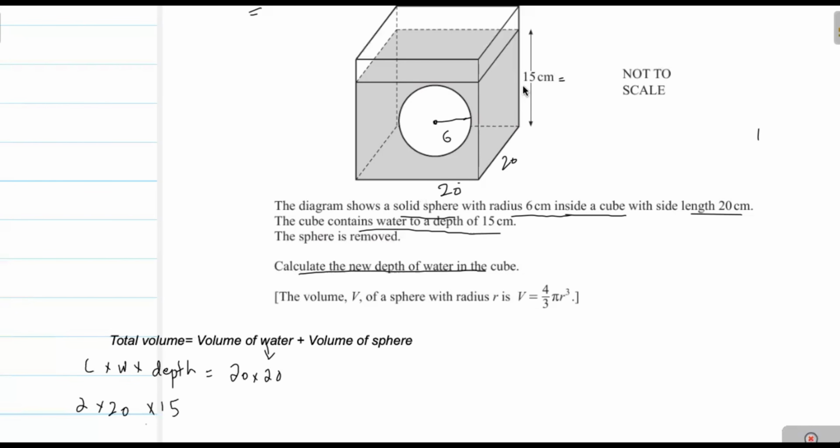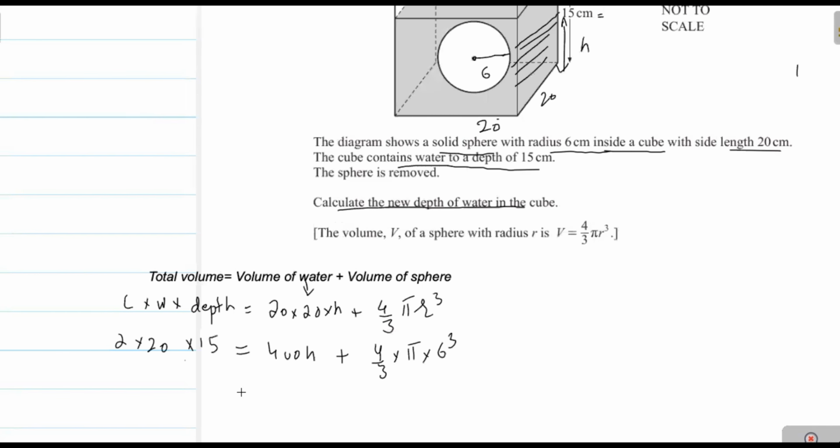Length and width remain the same, but after removing this sphere, the new height will be h. We write here h plus volume of sphere, that's equal to 4 over 3 pi r cube. Now this value will be equal to 400h plus 4 over 3 pi into r, the radius, here 6 cube.